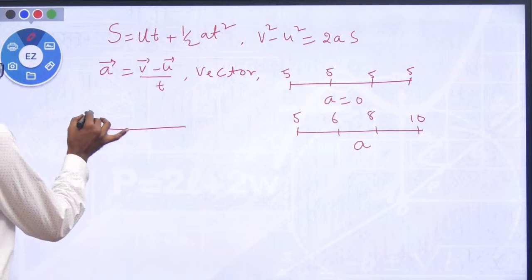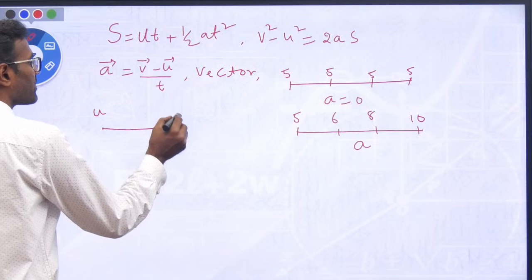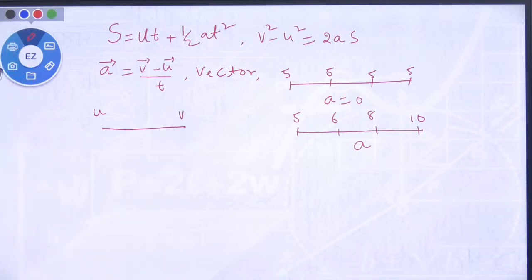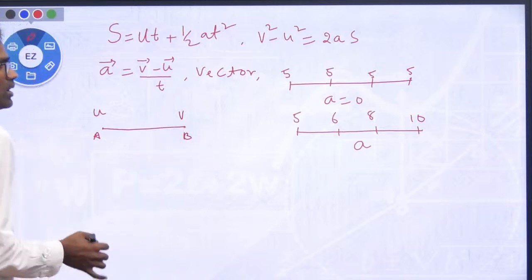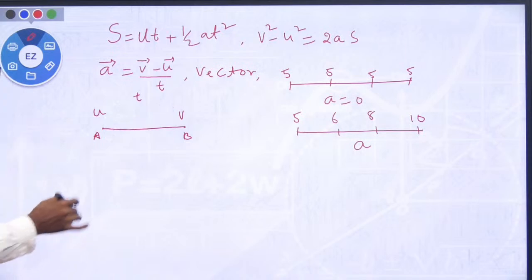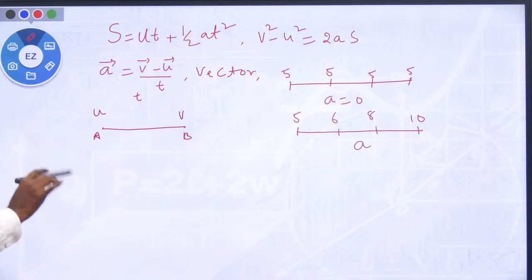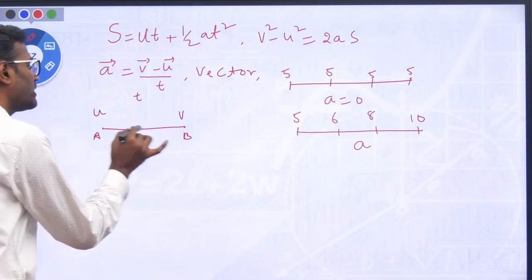Now starting speed is u, final speed is v. To go from A to B, the time taken by the particle will be t seconds. Initial velocity is u, final velocity v.